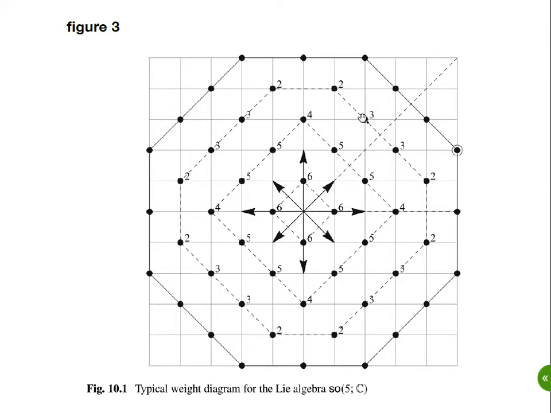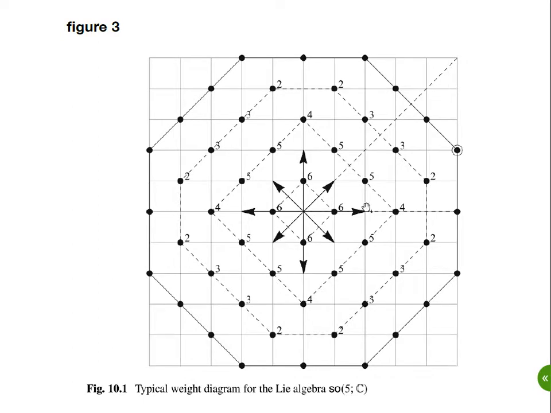Every weight must be an integral element, which means it must be an integer point or lattice point here. But as you can see, not every lattice point inside this convex hull is a weight, only these. These are the integral elements that can be obtained from mu by moving in these directions. For instance, this can be obtained from mu by subtracting this root.